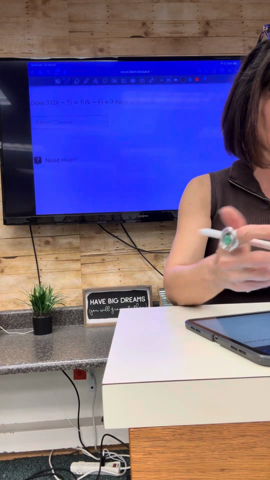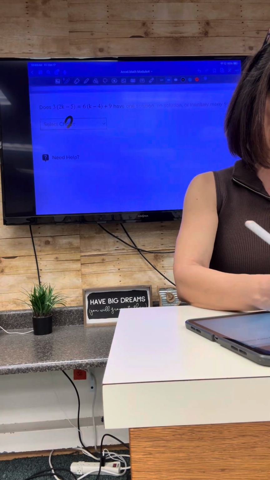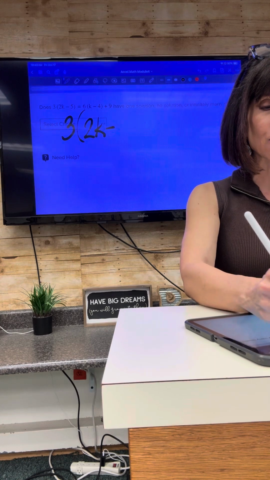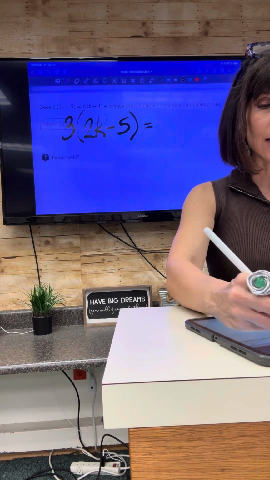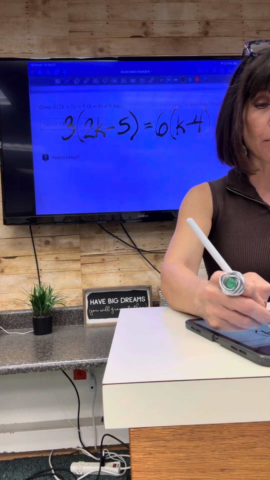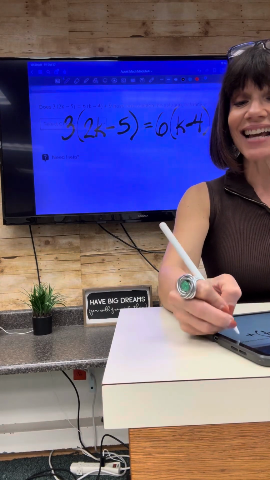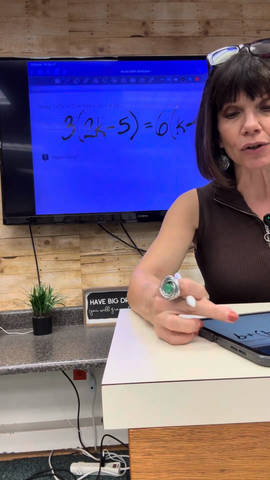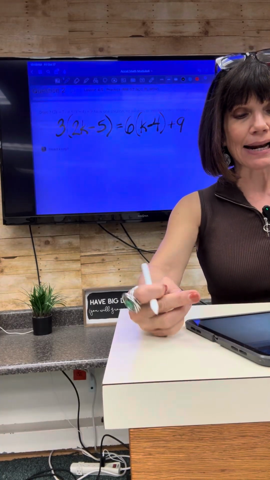This time it says, does 3 sets of 2k minus 5 equal 6 sets of k minus 4 in parentheses plus 9? You remember what I said earlier? Don't forget that little extra piece, plus 9.